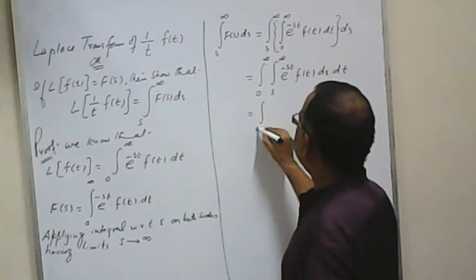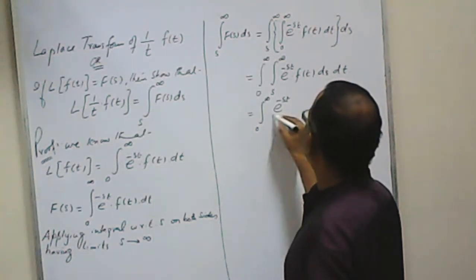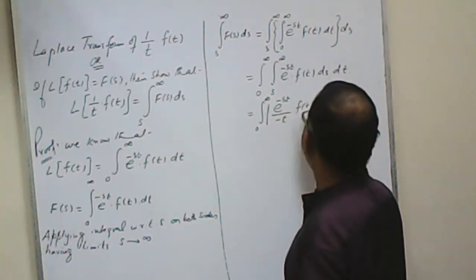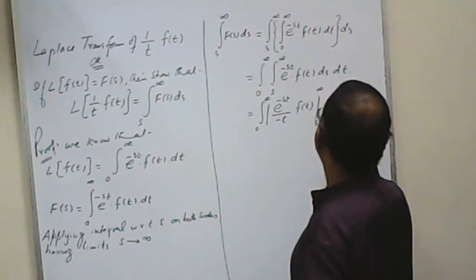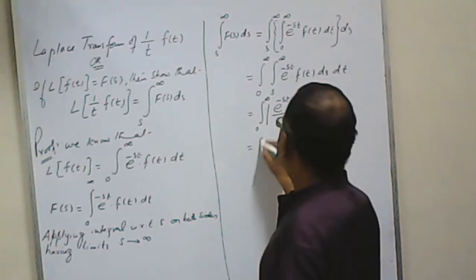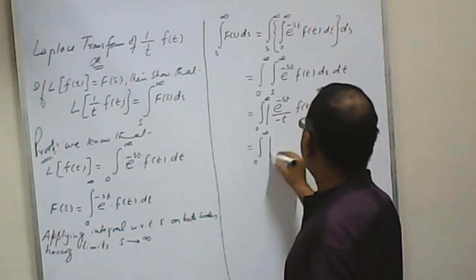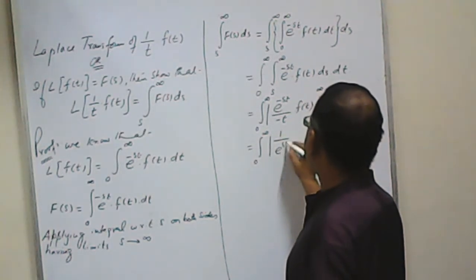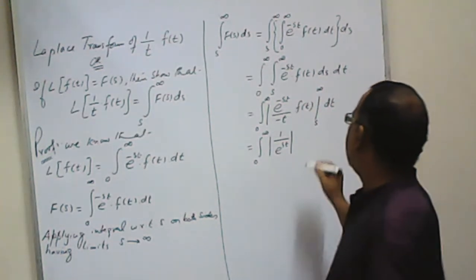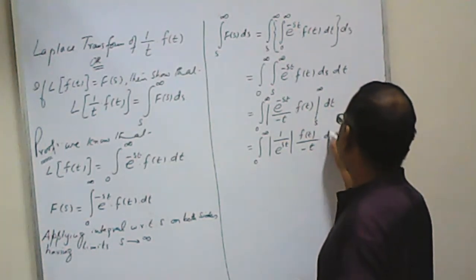If I integrate this one, e power minus st will become e power minus st divided by minus t. Function of t will remain function of t, and then limits s to infinity and dt. Then it becomes 0 to infinity, and I write e power minus st as e power plus st, moving e power minus st in the denominator, and then we have function of t and minus t.